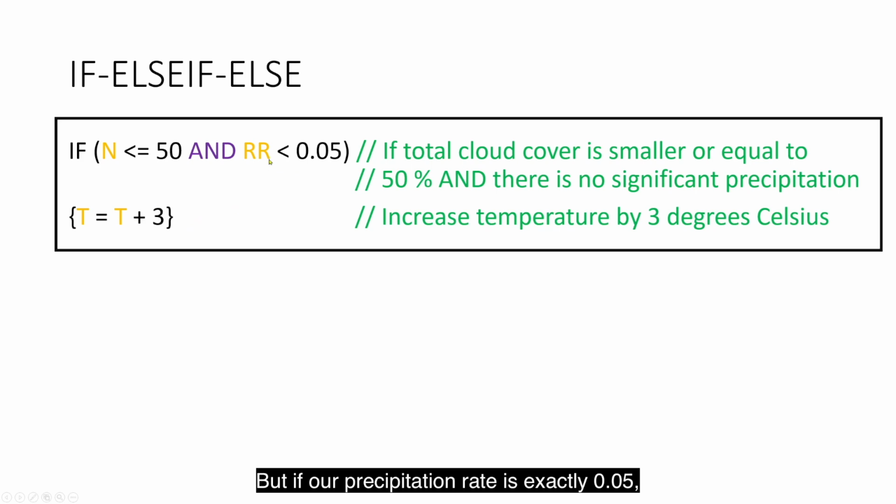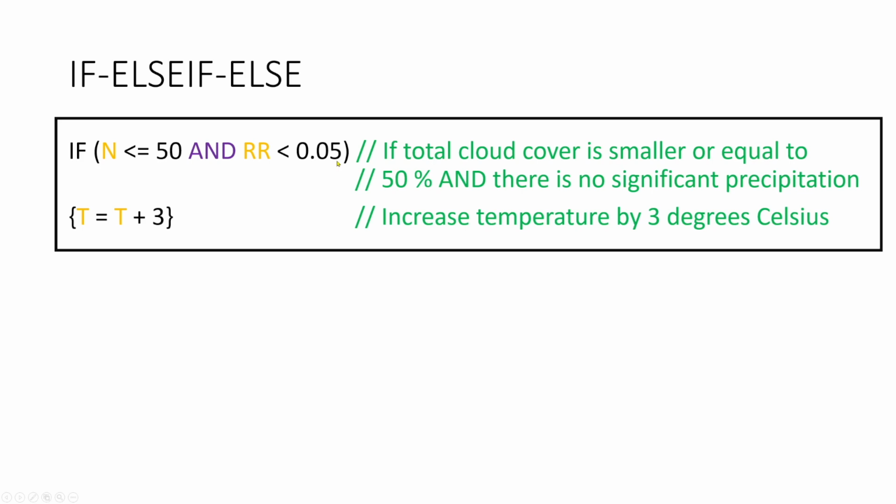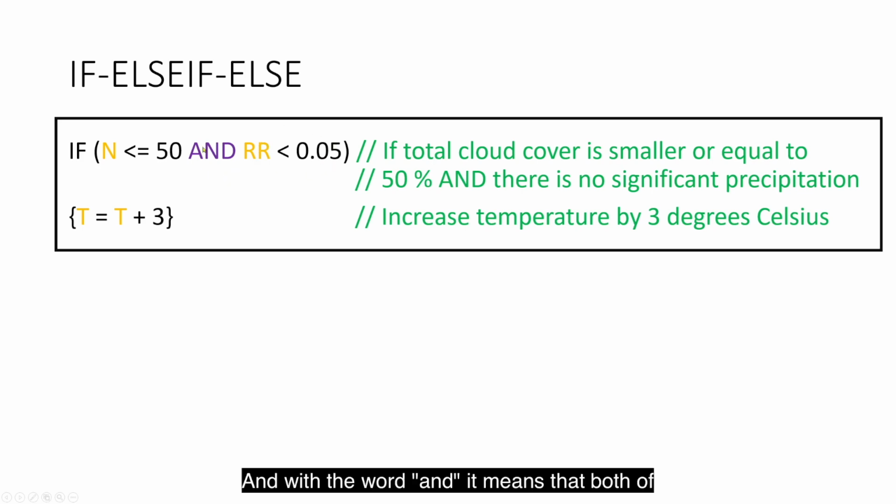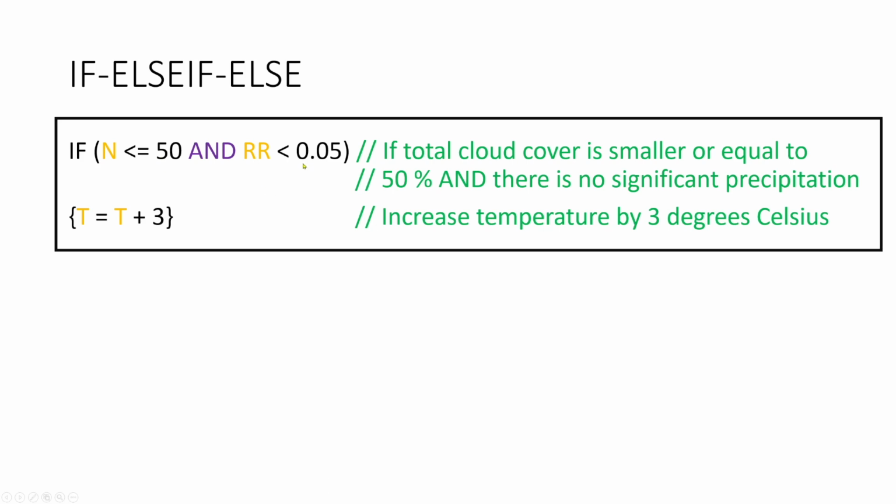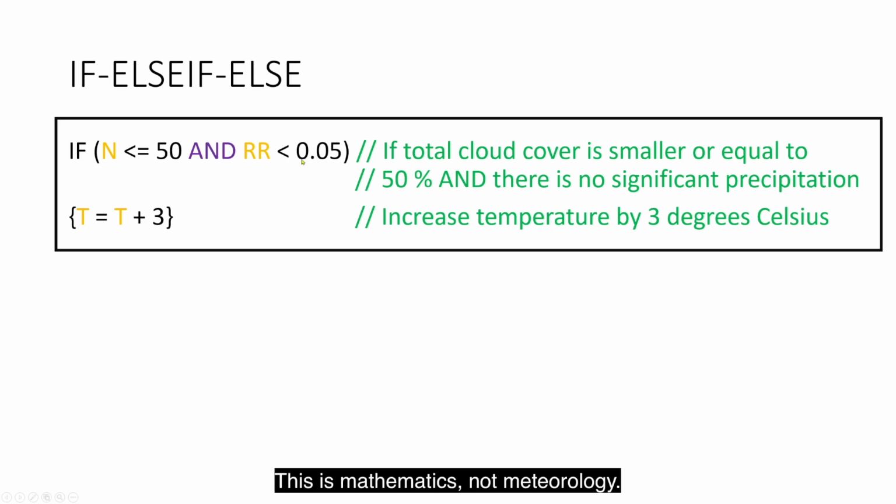But if our precipitation rate is exactly 0.05, both of the conditions are not fulfilled, because now that we don't have the equal sign here, it means that we are actually not including the 0.05 number itself in our condition. So this won't be fulfilled. And with the word and, it means that both of them need to be fulfilled. This is mathematics, not meteorology.